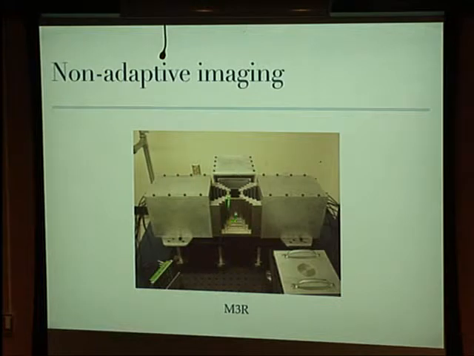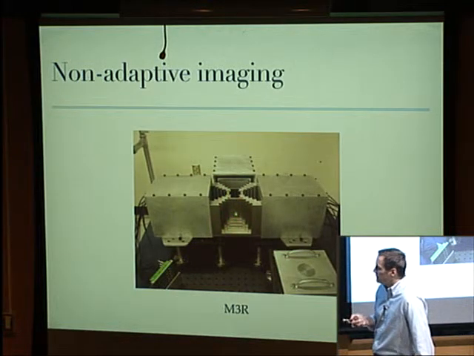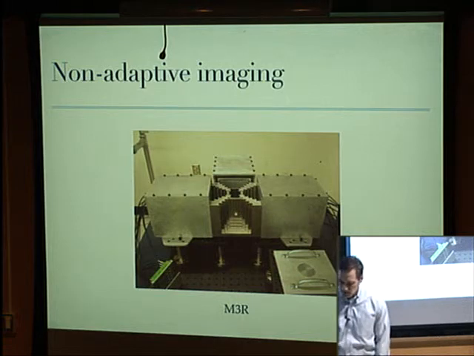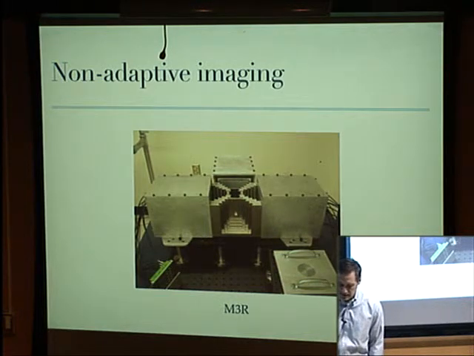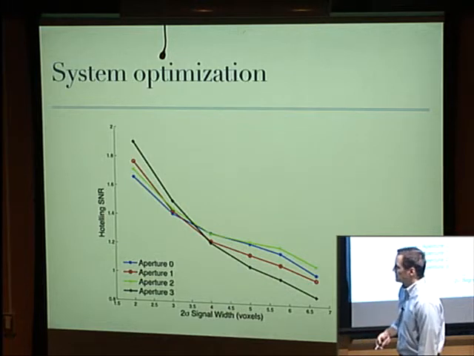He developed a phantom, an object model that was random. It was different every time he took an image. He had a well-defined task. It was a signal detection task. And he worked on the problem of how do I choose the optimal configuration of pinholes. And somewhat unsurprisingly, he found that the optimal answer depends. It depends on lots of things.